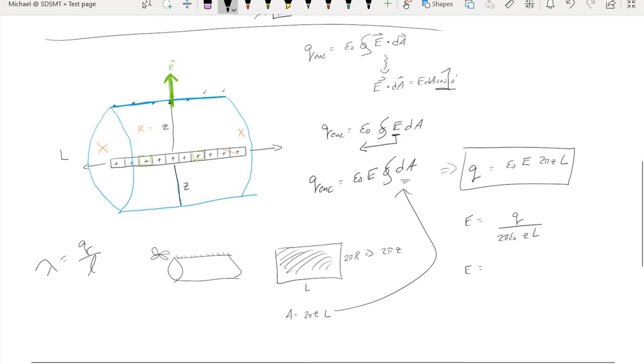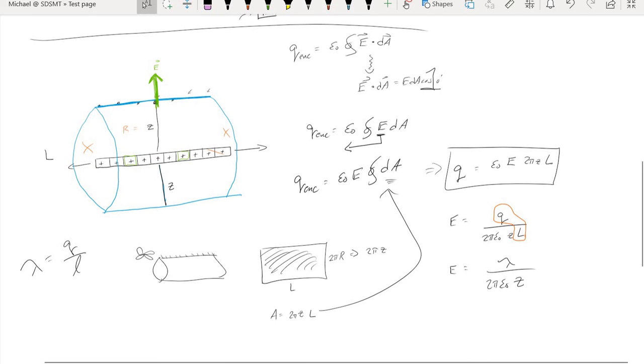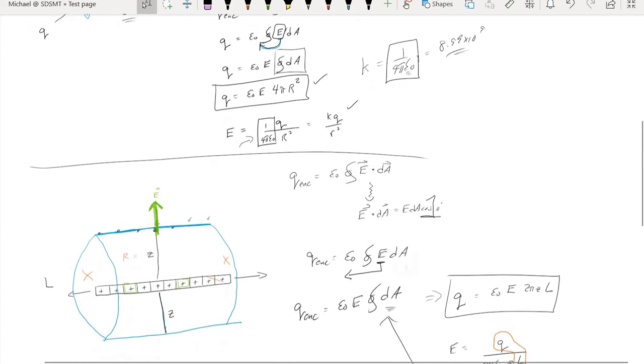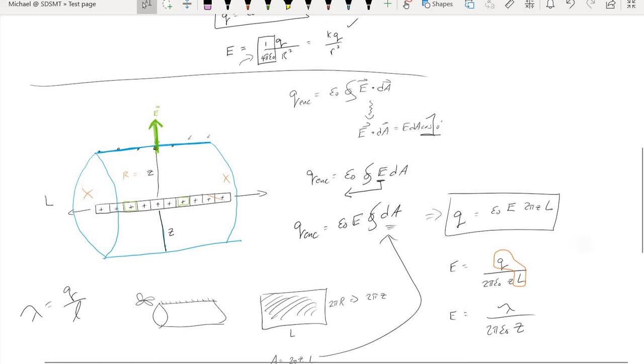Well, look what showed up in our expression here. We have literally lambda. We have lambda over 2 pi epsilon z, and now we have the electric field. And we were able to reproduce that really without too much hassle.